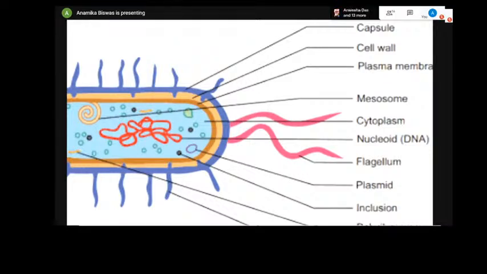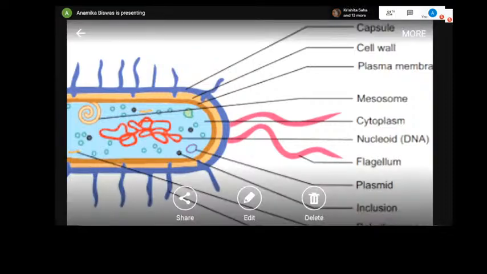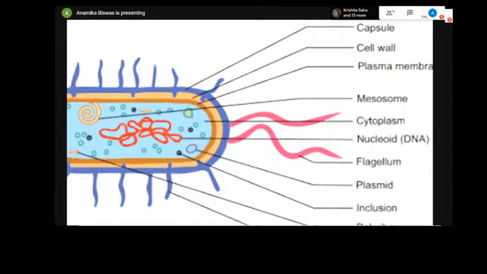It also helps in the replication of DNA and distribution of genetic material to the daughter cell during fission. That means during cell division, the bacterial cell produces two daughter cells. So this mesosome helps in the distribution of genetic material, that means this DNA.